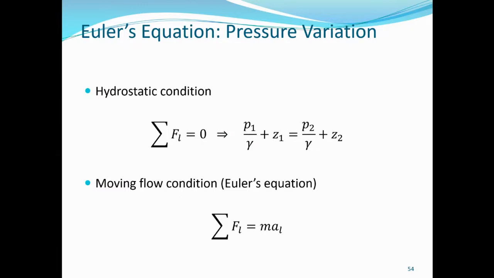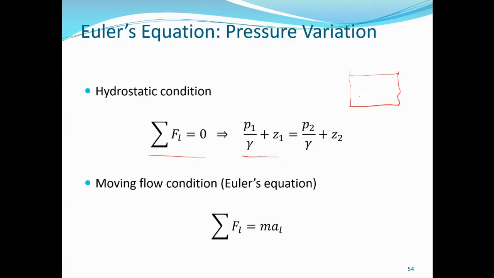Now, pressure variation. You remember that we said for hydrostatic condition, the sum of the forces acting along a particular direction is equal to 0, for equilibrium. This we discussed before when we have a static fluid, where we say this is the piezometric pressure, or piezometric head.